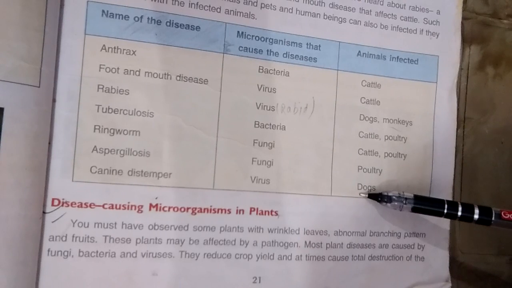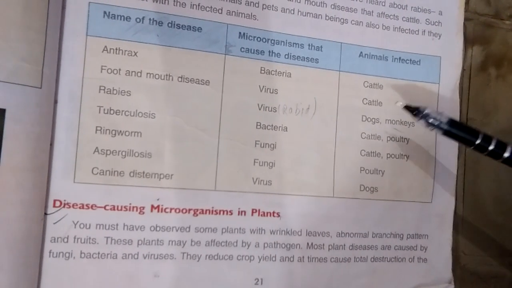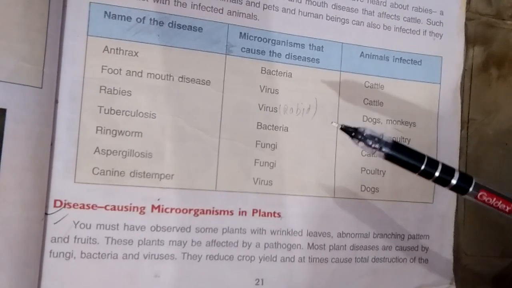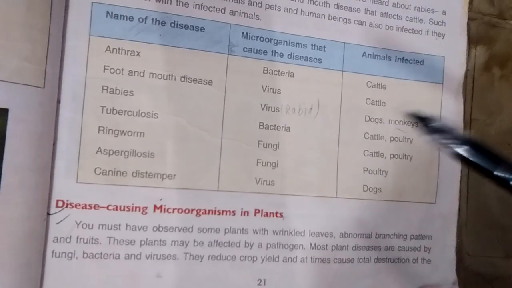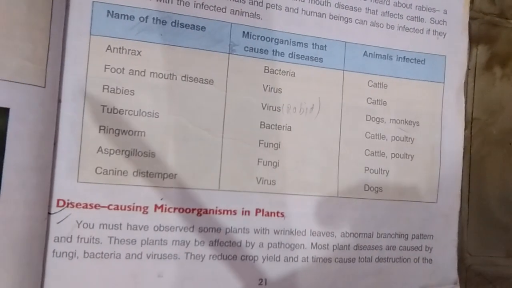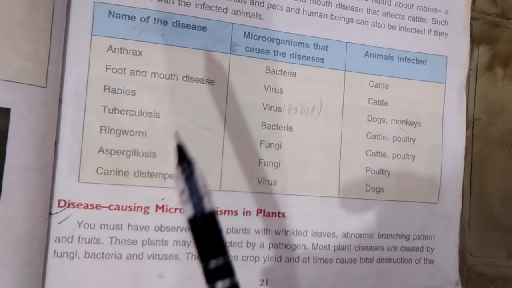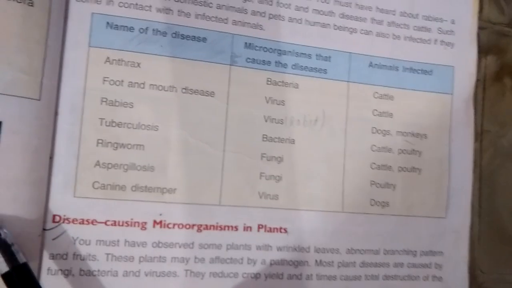Likewise, we can say microorganisms also infect animals, and they cause certain diseases due to special types of bacteria, virus and fungi. So it is all about the infection of microorganisms in animals, including human beings.